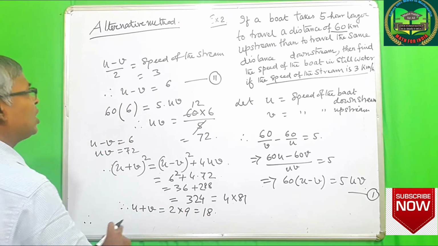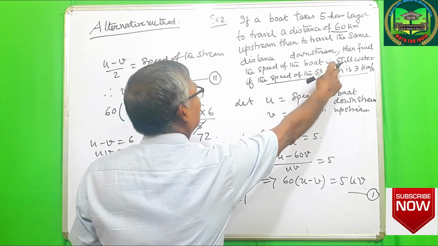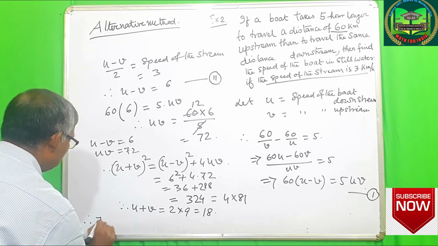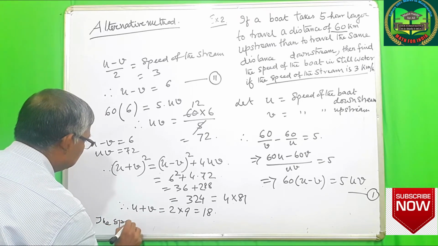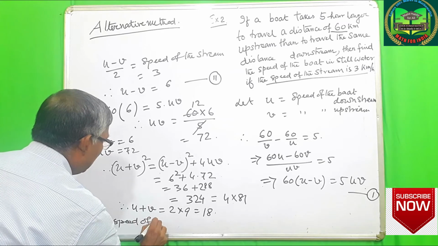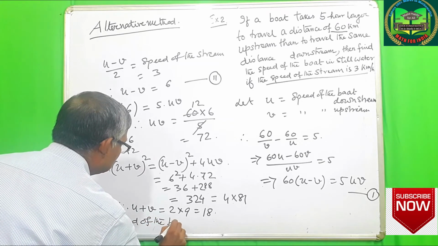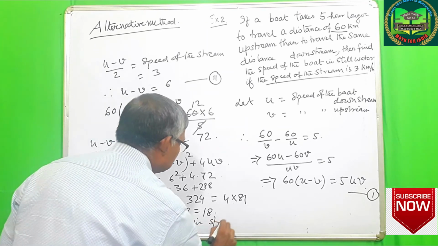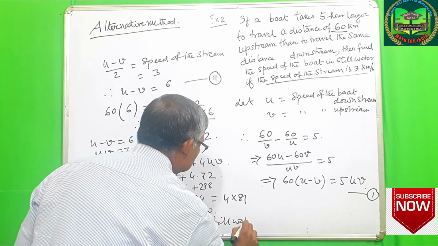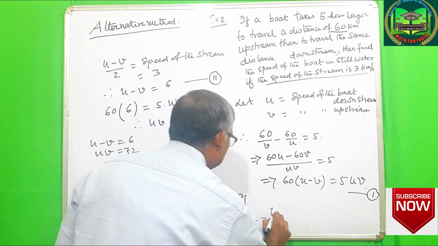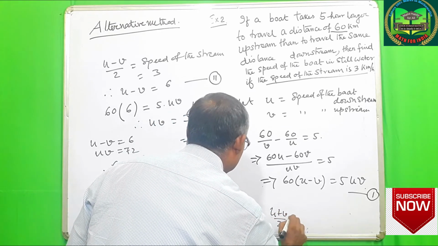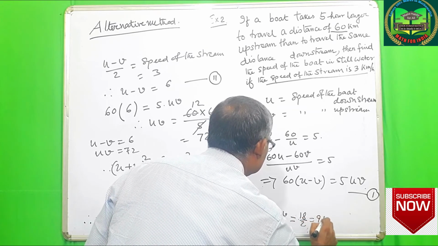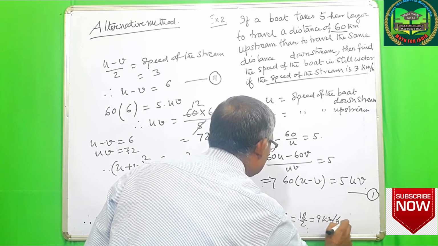Therefore, speed of the boat in still water equal to (u plus v) by 2 equal to 18 by 2 equal to 9 km per hour.